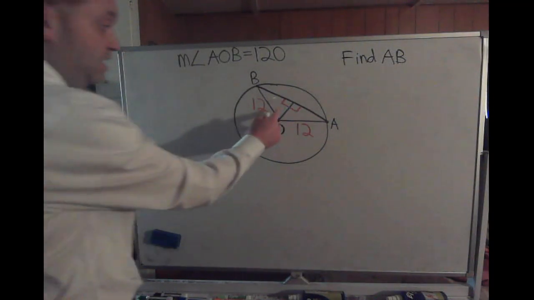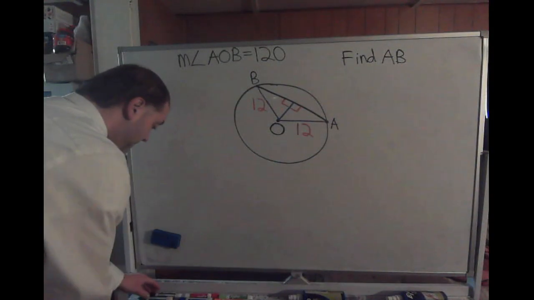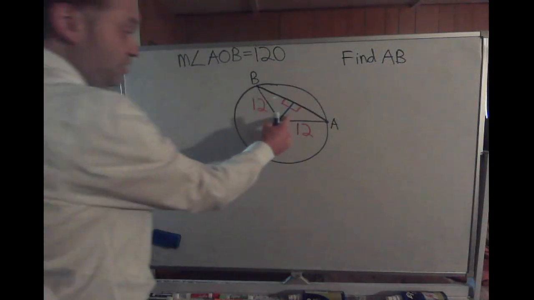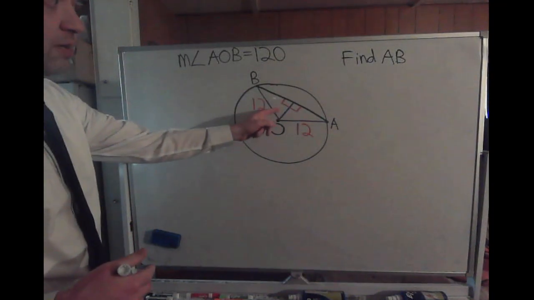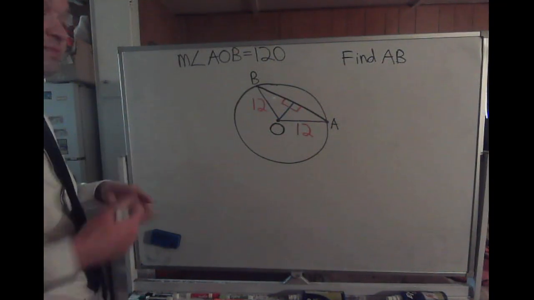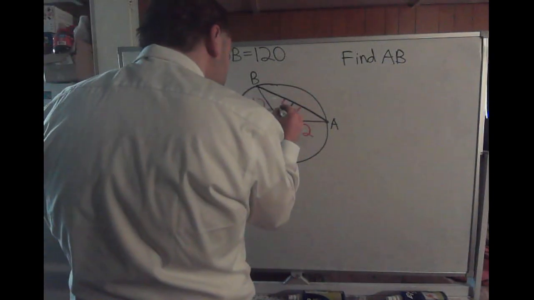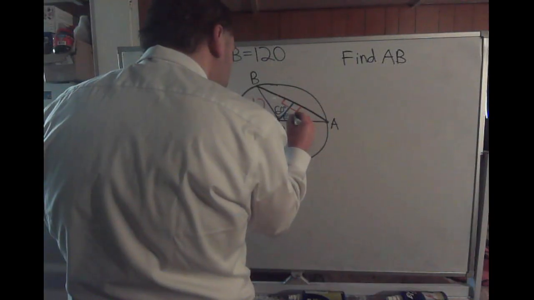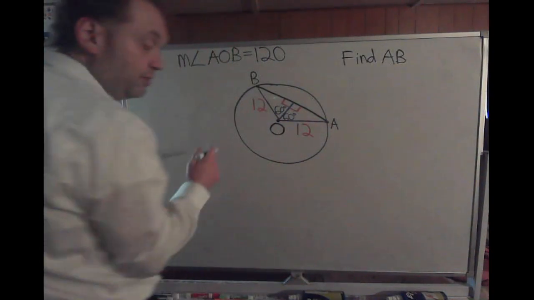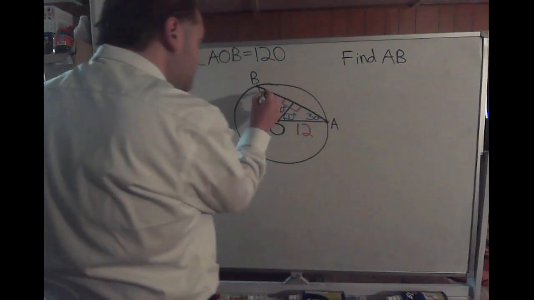Which means now we actually have here from the center, since that's a 120 degree angle, these two angles here would be congruent to each other by CPCTC. So you would actually have two 60 degree angles right here. So what you end up forming out of this are two 30, 60, 90 triangles.